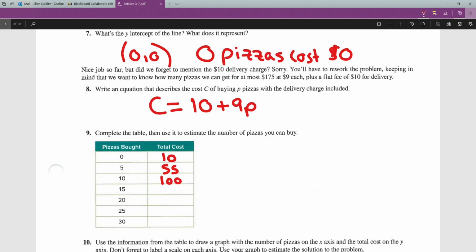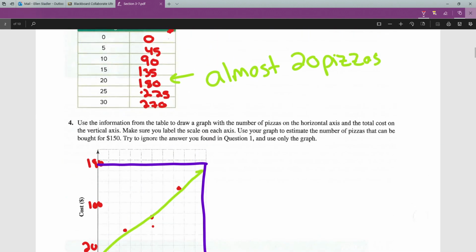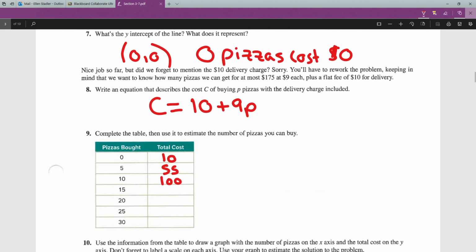Real quickly, compare that back to the other chart. The previous chart, we had 0, 45, and 90. Now we've got 10, 55, and 100.